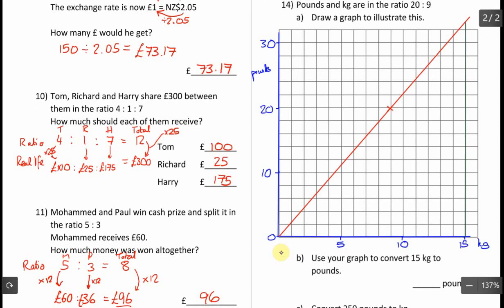Now I'm just going to cheat a little bit and still use it and estimate what that would have been over here. So this is going up in 2s, so this would be 32, and it won't quite be 33, so it's going to be something like 32.7 or something. And you don't have to be that accurate, they will allow a certain amount of leeway.